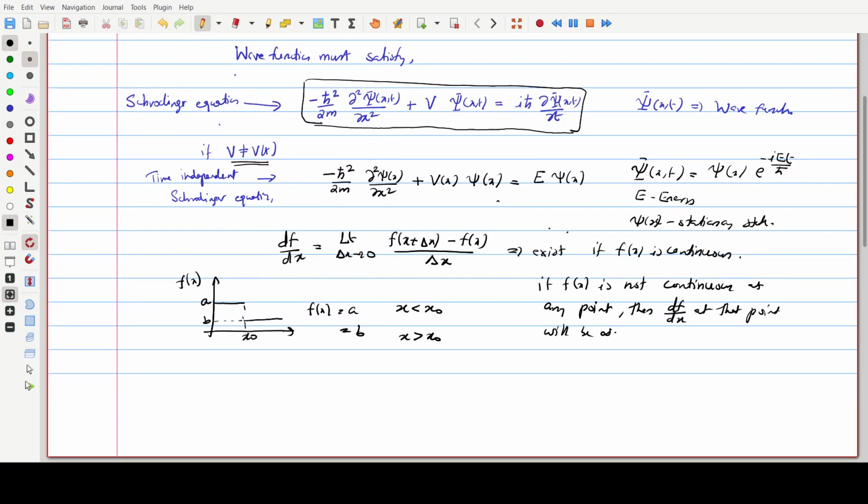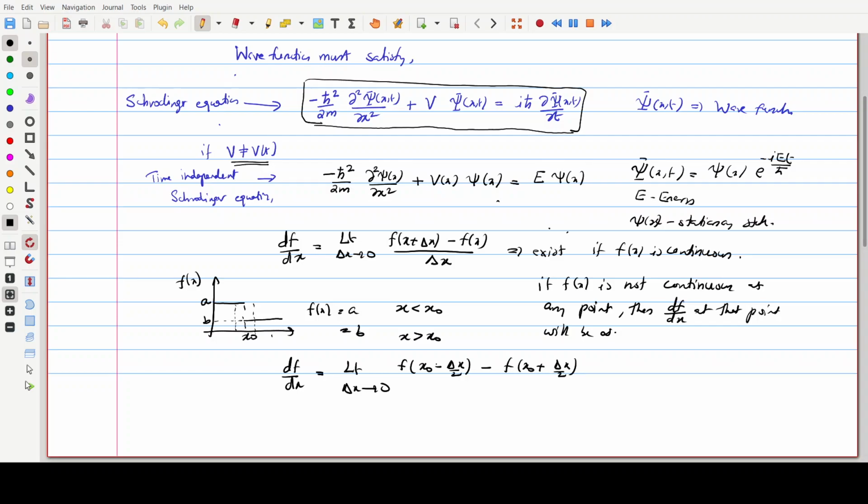According to the above definition, df/dx equals the limit as delta x tends to 0 of f(x0 plus delta x by 2) minus f(x0 minus delta x by 2), divided by delta x.